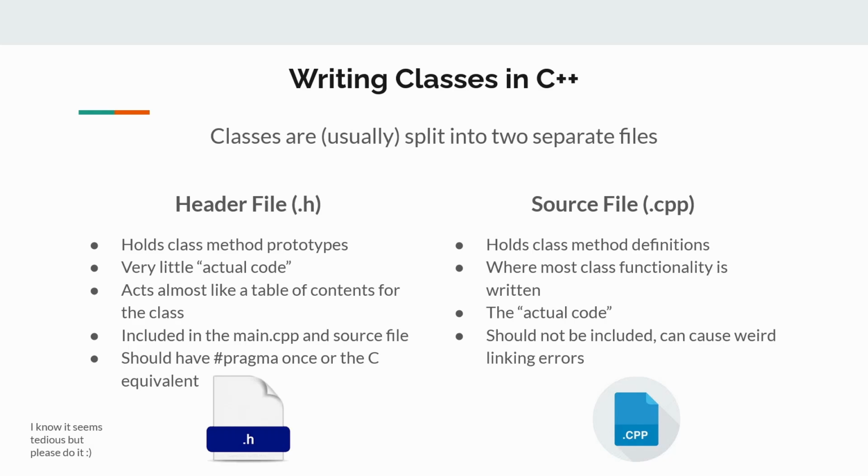And you should never, ever include CPP files. It might work sometimes, but it is never correct. We will be compiling the CPP files together. So the main.cpp file and any other CPP files will be compiled together to make the executable, not included in any other files. And we'll show you how that works during the demo.